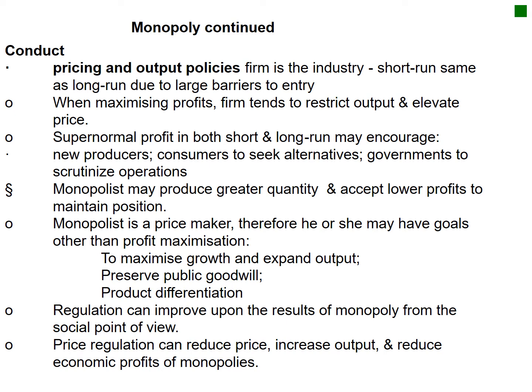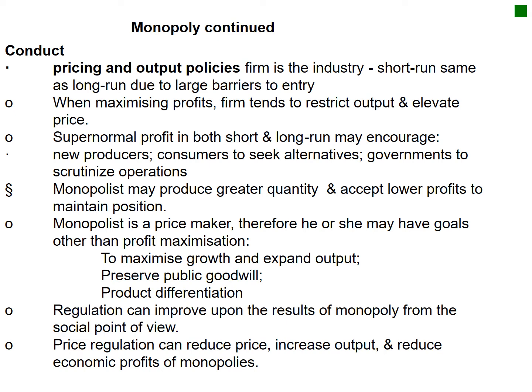When maximizing profits, and this is what gets the government and many different stakeholders upset with monopolies, the firm tends to restrict output and elevate price. So we can have supernormal profit in this case, unlike perfect competition.